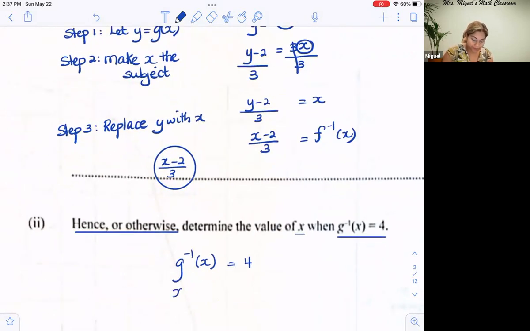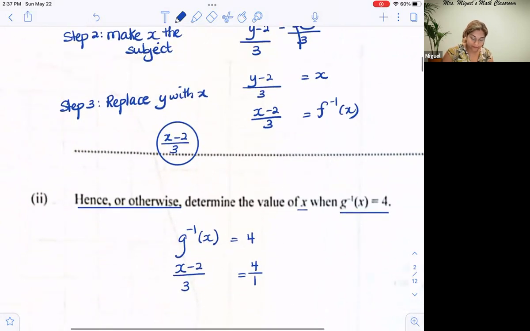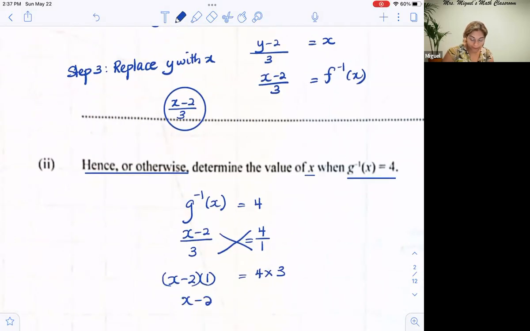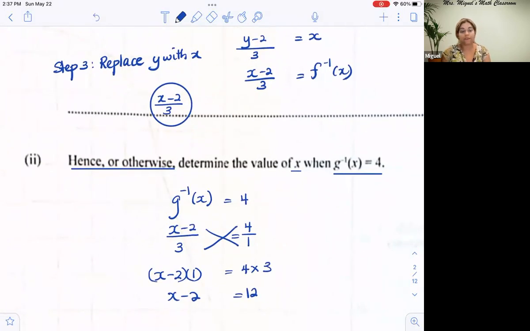So you are to put g inverse equal to 4 and solve for x. So you are cross multiplying. So x minus 2 multiplied by 1 is equal to 4 multiplied by 3. So x minus 2 is equal to 12. Work it out and find a value for x. Go ahead.